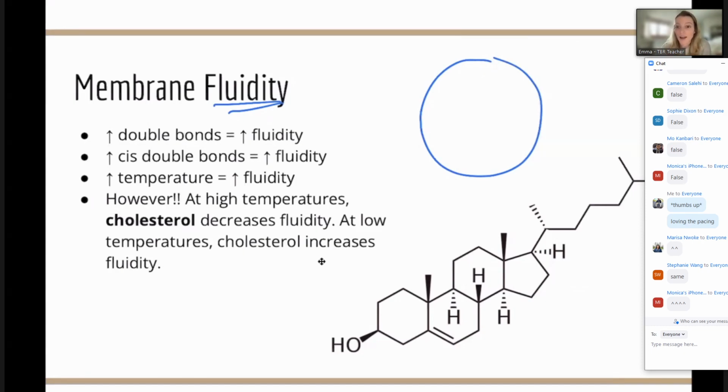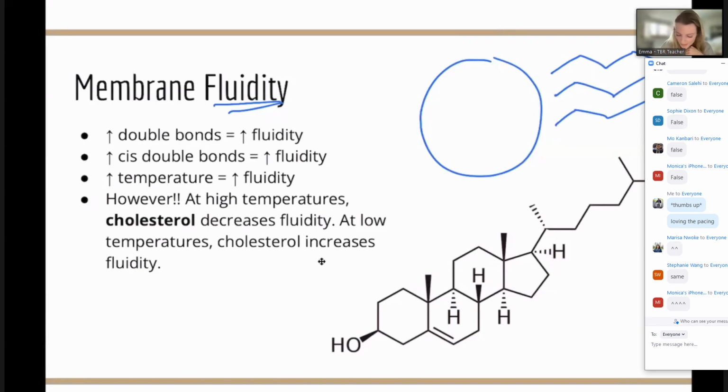Some key factors that impact our fluidity are going to be the number of double bonds. Basically, the more double bonds you have, the more fluid it's going to be. This should make sense if we think about our hydrocarbon tails. If we've got all these saturated hydrocarbon tails, they're going to sit really nicely together.